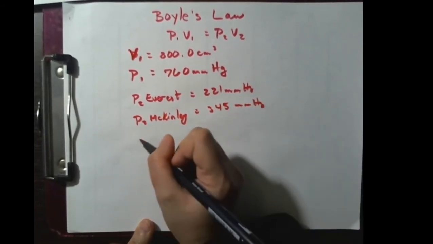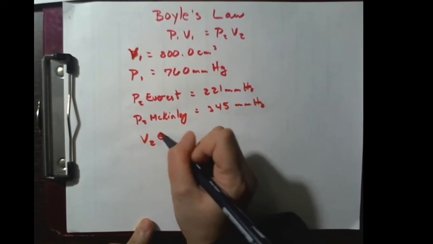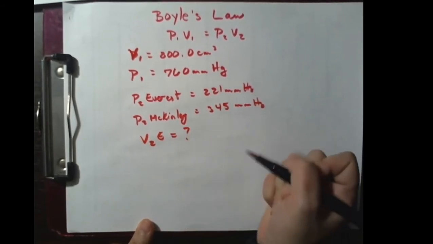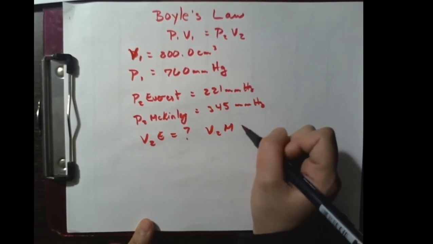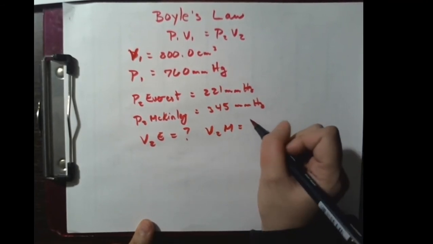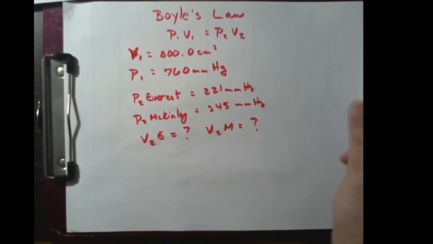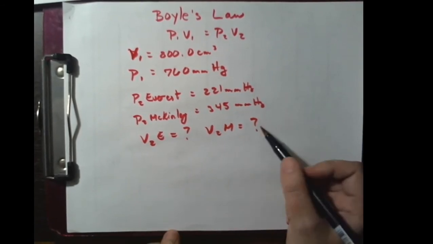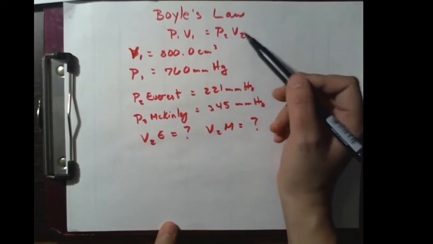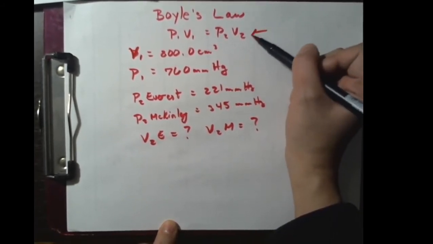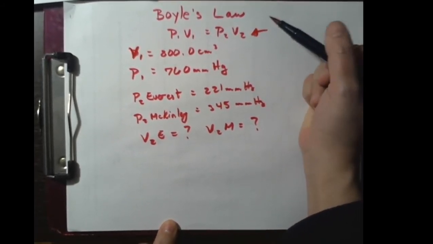So the information that we're missing is the final volume for Everest and the final volume for McKinley. Now, how do we find the final volumes for each? First of all, we need to isolate the final volume that we're trying to find.